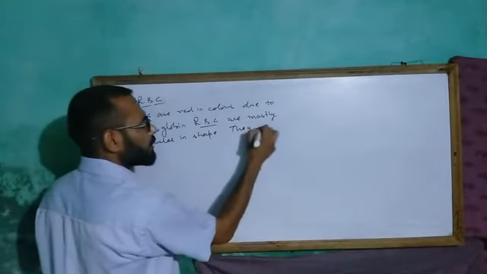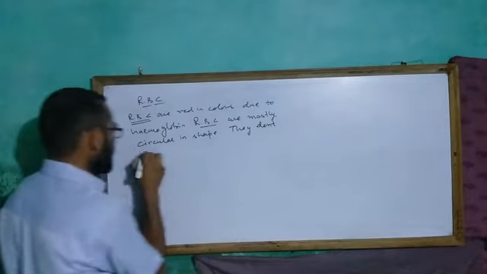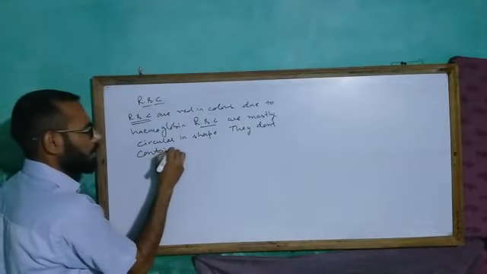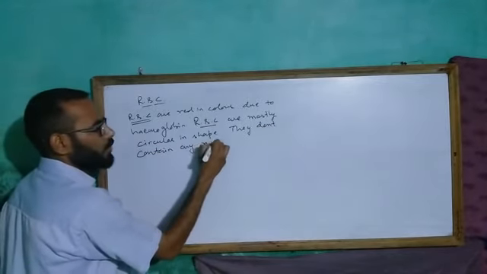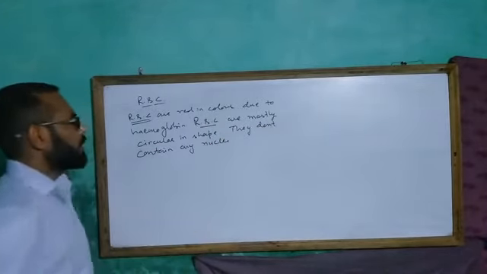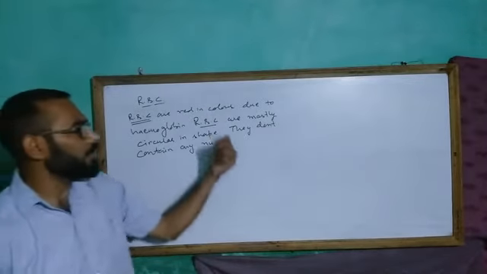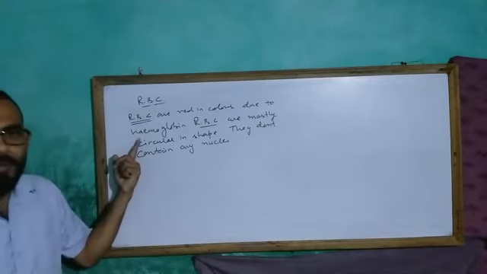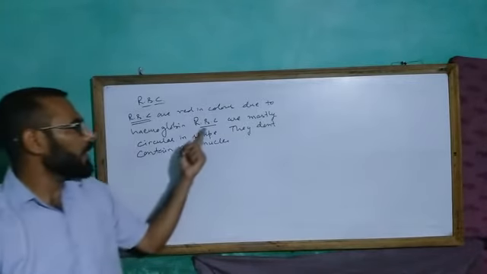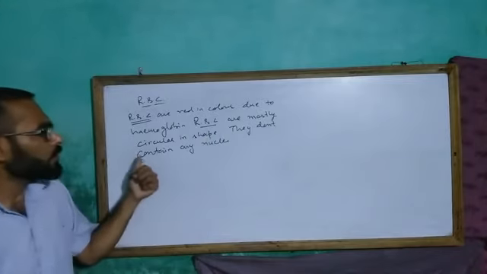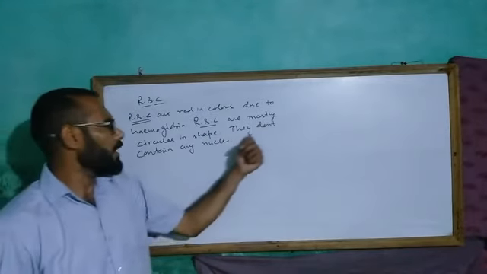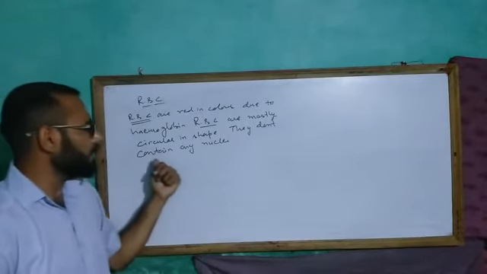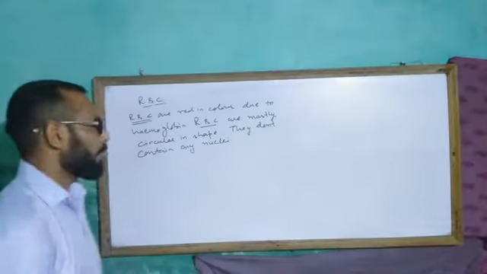They don't contain any nuclei. Students, RBCs are red in color due to the presence of hemoglobin in its cells, and RBCs are mostly circular in shape and they don't contain any nuclei.